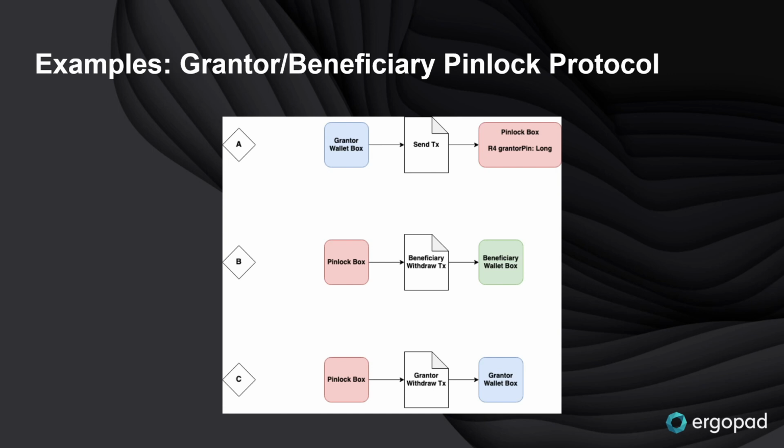So if the beneficiary knows the pin, then they can unlock the box. And in the final section, the grantor is able to withdraw the funds from the pin lock box if he no longer wants the beneficiary to receive the funds, or if you sent the incorrect funds, you want to withdraw and then maybe send again.